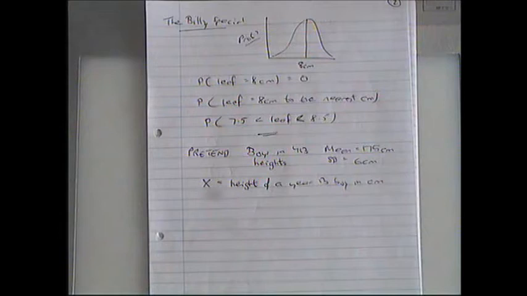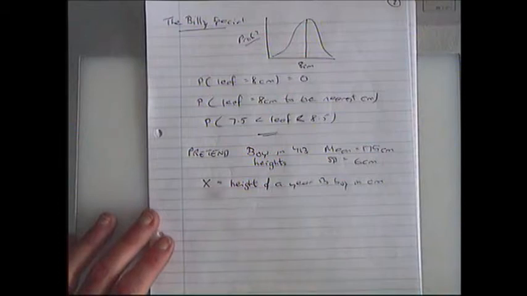The question may say assume that it follows a normal distribution. Well, people's heights generally do if they're taken from a population. You would get some short people and some tall people in year 13, and more average-sized people in the middle.